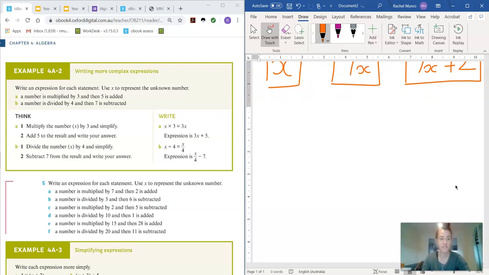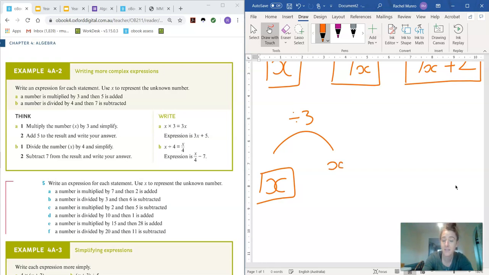Okay, let's do 5B together. A number is divided by 3 and then 6 is subtracted. Divided by 3 and then 6 is subtracted. So I've still got my x. First thing I'm doing is dividing by 3. So remember, I need to put my vinculum in.